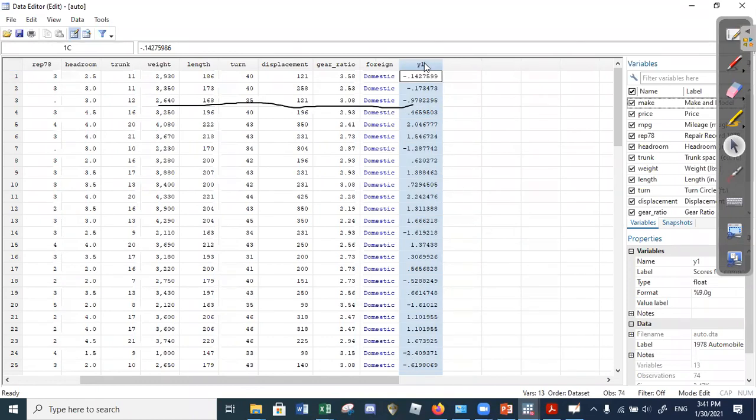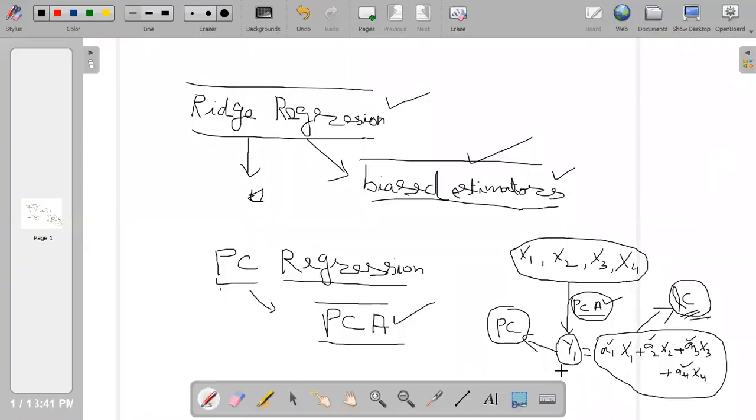This newly created variable y1 is the one that I was talking about here, when I was telling you that if these are the variables which are highly collinear, then PCA actually says, okay, why not just combine information rather than dropping any one of them, pool them together in the form of a new variable. This is like creating a new index, and this y1 would then in a sense represent all four of them together.